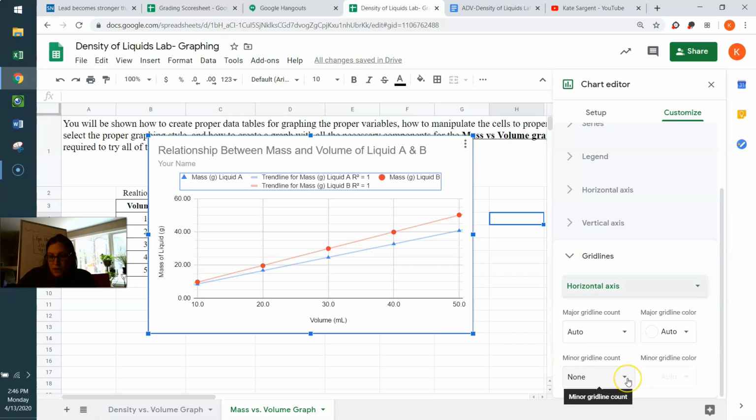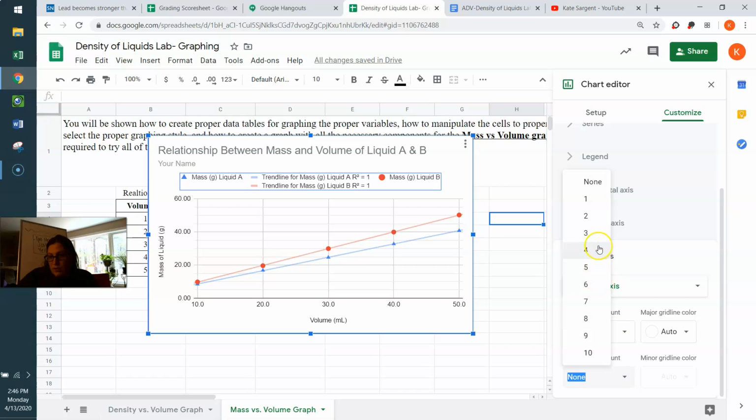So again, minor grid lines only. If I was going from 10 to 20, I might want to think about counting by 2s, right? So if I was going from 10, I would need one for 12, 14, 16, and 18, because 20 already exists, so that would be 4 minor grid lines.